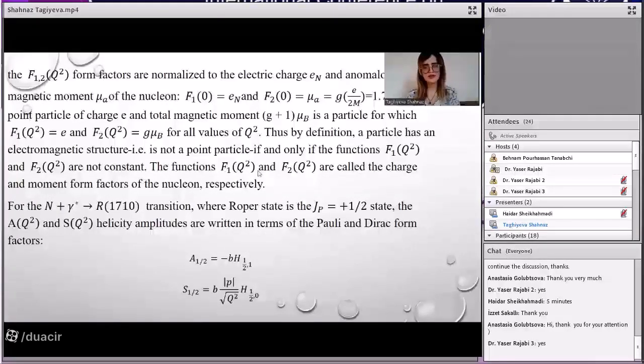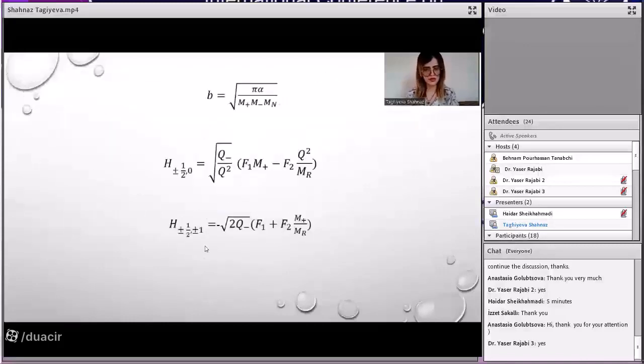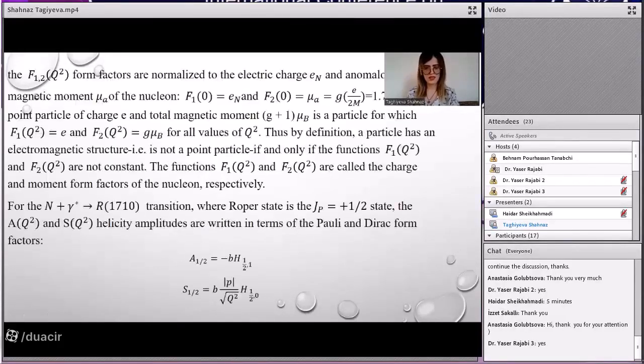And these form factors, by definition, show that the particle has an electromagnetic structure and is not a point particle. The functions are not constant. The functions are the charge or moment form factors of the nucleon respectively. Then we can define the helicity amplitudes A and S in terms of the Pauli and Dirac form factors as follows.